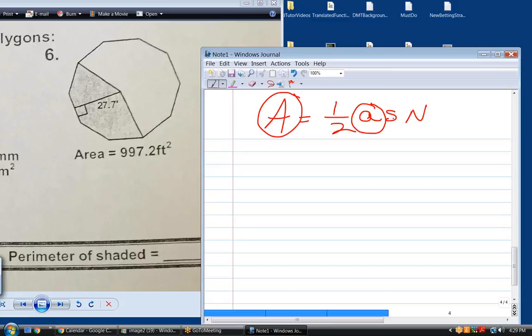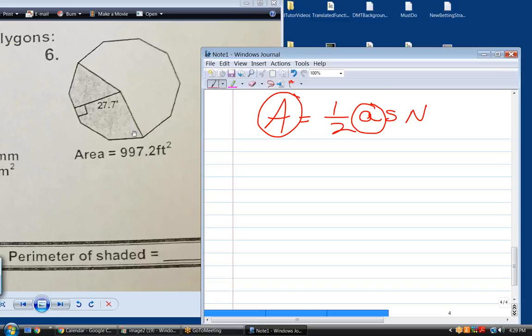So I could figure out the perimeter of the entire region. But to get the perimeter of the shaded area, I basically need 1 side, 2 sides, 3 sides, 4 sides, plus 2 radial lines.